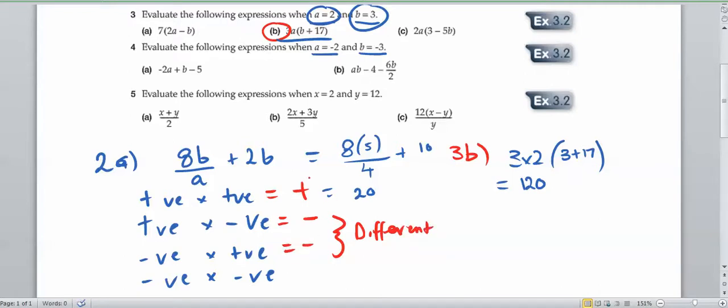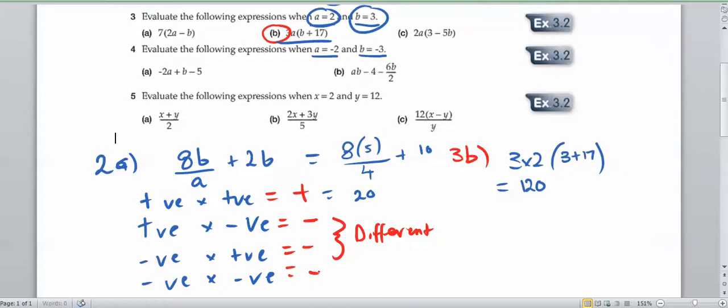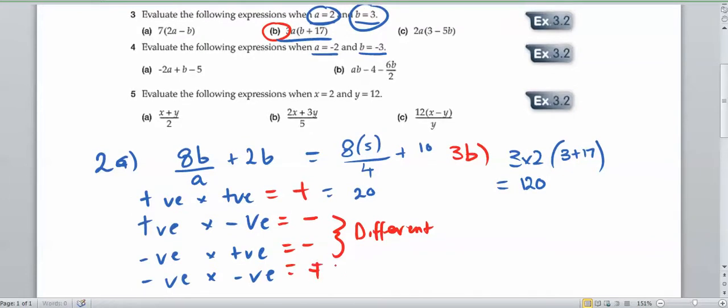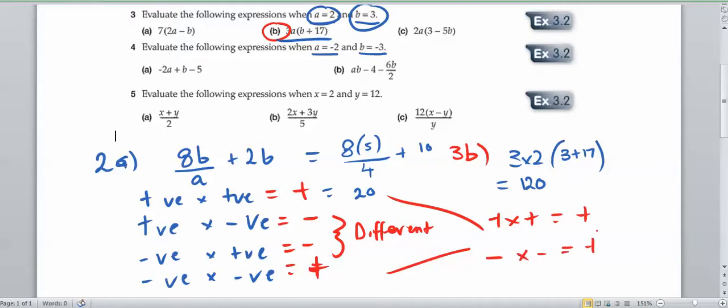If they're the same, then they're going to become positive. So let's have a look. We've got two positive values. Positive times a positive gives us a positive. But a negative times a negative is also going to give us a positive.